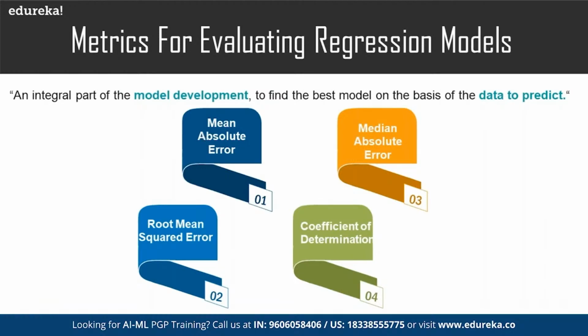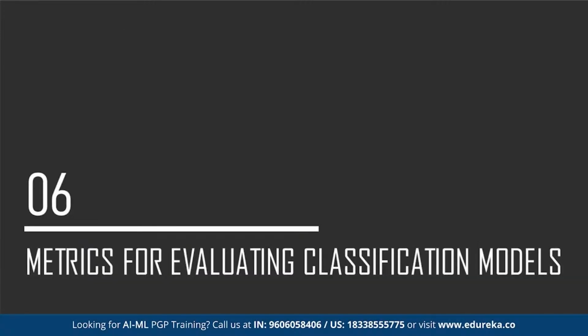So the next one would be metrics for evaluating classification models, and here we will go in depth talking about different types of evaluation metrics, otherwise called performance metrics, also known as error metrics. And we do it here for the classification task.